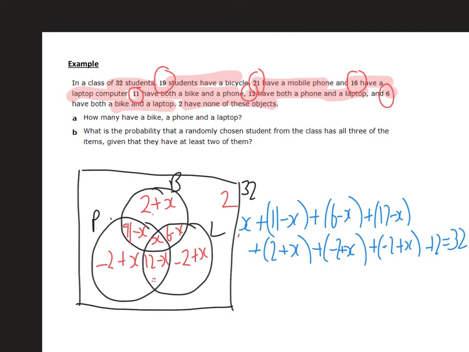So let's simplify this. That X and that minus X can cancel, that X and that minus X can cancel, that X and that minus X can cancel. So I'm just left with 1X.